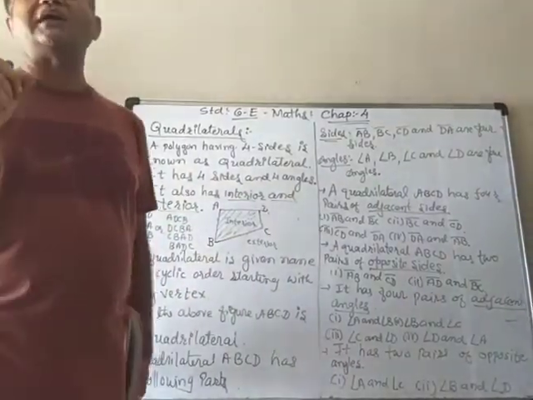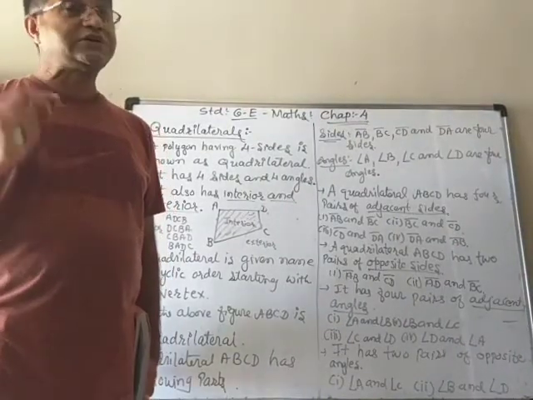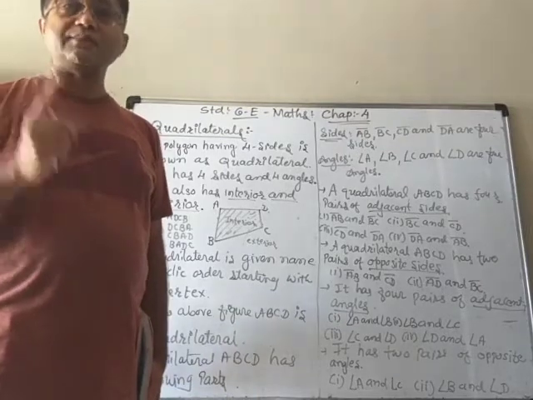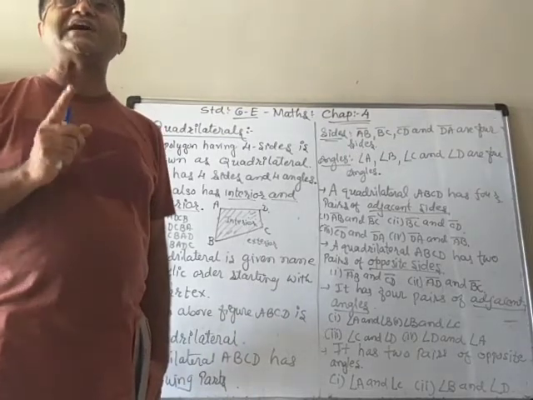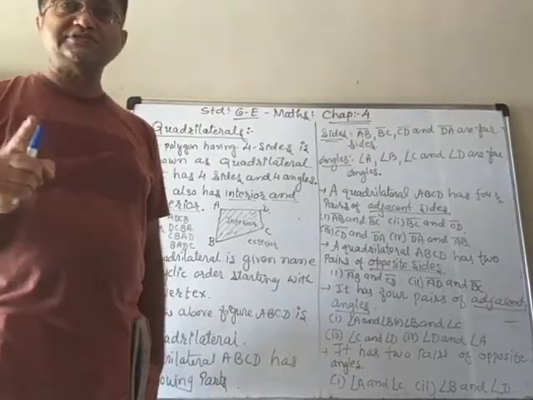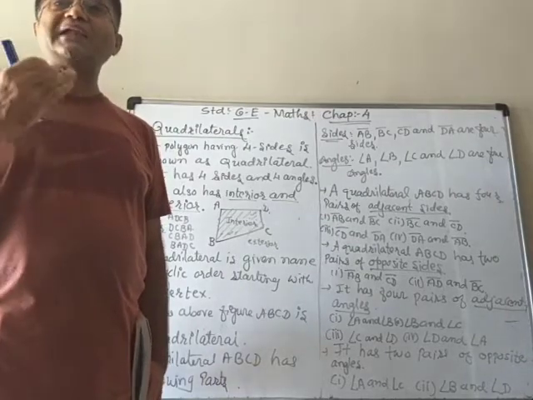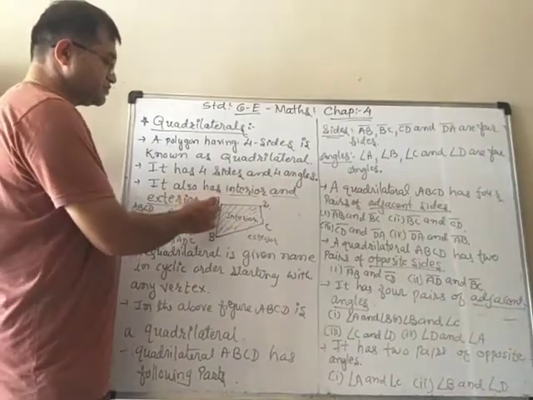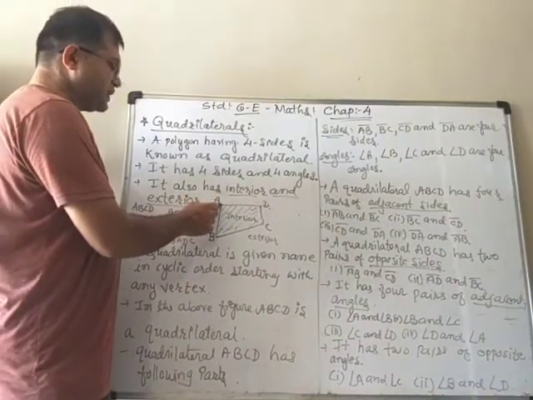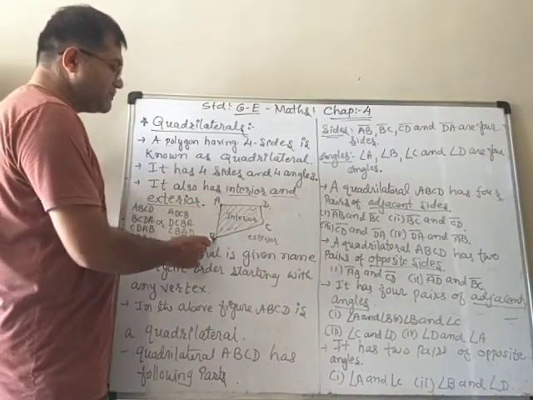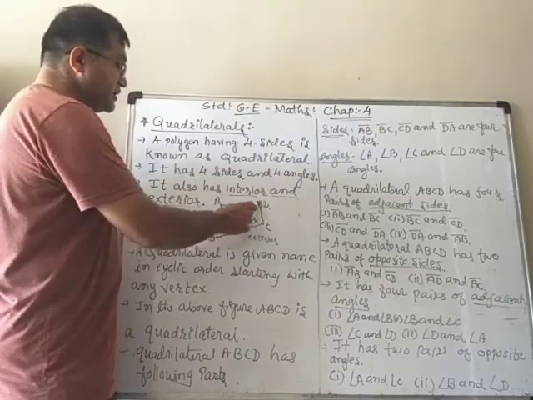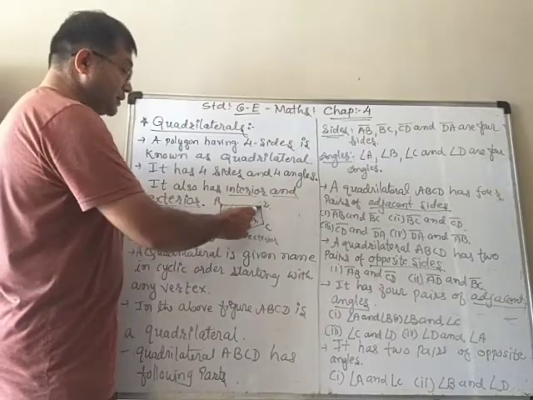Now, a quadrilateral is given a name in cyclic order, starting with any vertex. That is very, very important. Keep in your mind that a quadrilateral's name is always given in a cyclic manner. It means that you don't have to jump like a monkey. If you start from any vertex, suppose I start with A, then I can name it A, B, C, D. I can't say A, B, D, C, because then I have to jump like a monkey.